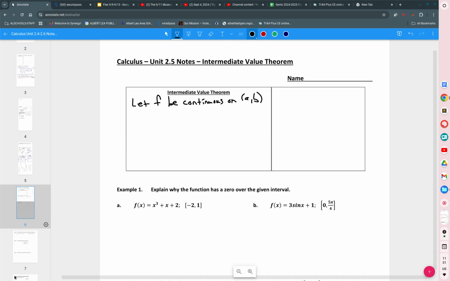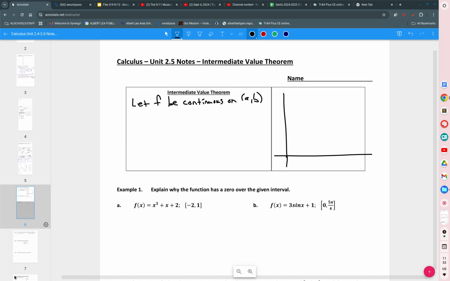Yesterday, we talked about continuity and how important it is to calculus. Now that we can talk about continuous functions, and remember the stupid definition was a function is continuous if you can draw it without picking up the pencil. Okay, that's our stupid definition. Once we have talked about continuity, this is the first thing that arises from continuity in theoretical mathematics.